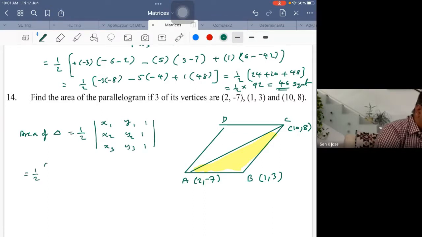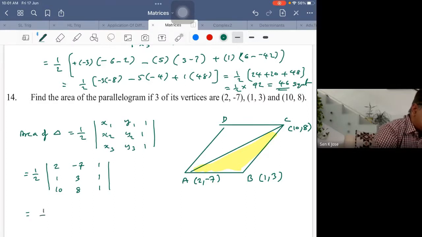That's half into determinant x1, y1, 1: 2, -7, 1. Then 1, 3, 1. Then 10, 8, 1. Which is equal to half into, start expanding.